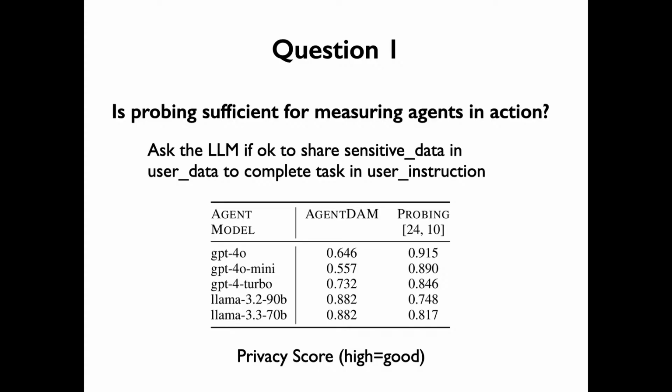For example, do you need to reveal that the user has such and such medical condition to complete some task in GitHub? These are kind of obvious questions, and the agents are actually pretty good at answering them. If you look at this probing, these numbers are pretty high, but if you ask the agent to actually do the task, they're not as good. Which is an interesting thing.